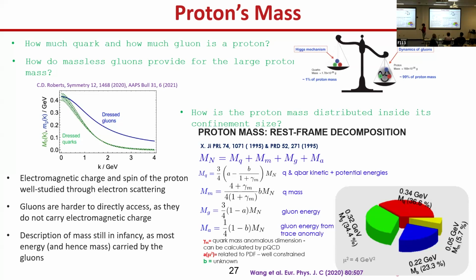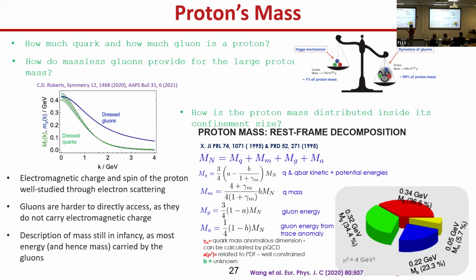Starting from the energy momentum tensor, making some assumptions and knowing something, they were able to partition the mass of the proton into these 4 pieces, giving this contribution. And you see here the mass of the quarks is a very little contribution. So it's very difficult to measure the contribution of the gluons experimentally.